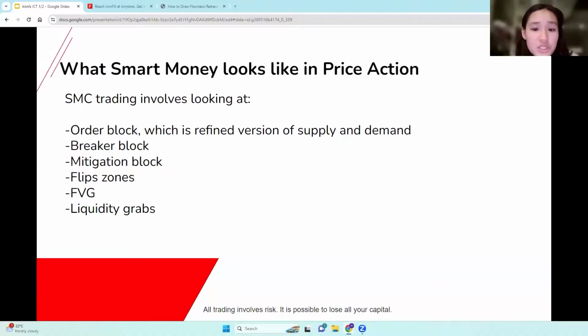This is what is traditionally called your support and resistance flip zones. Then your FVGs, which are imbalances in the market, so when demand outpaces supply or vice versa. And lastly, your liquidity gaps, which we went through before, are basically the areas in which there is a support level or a resistance level.